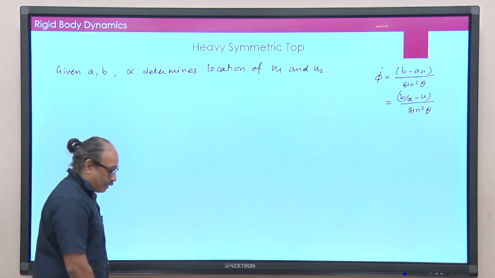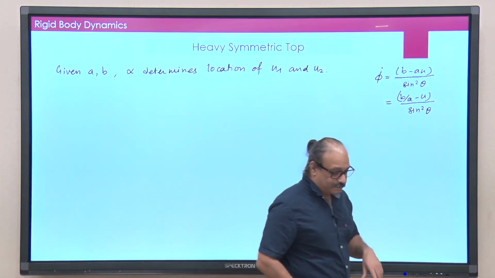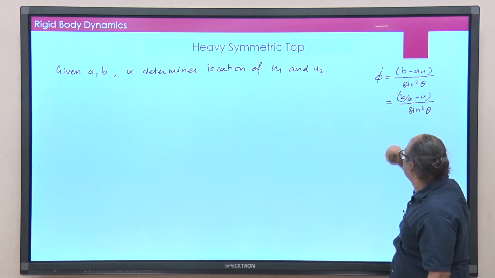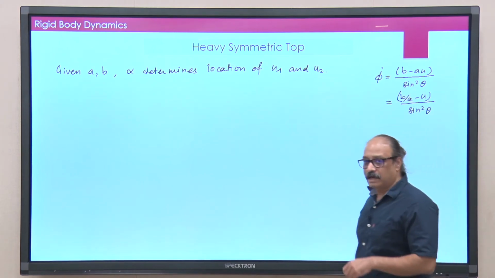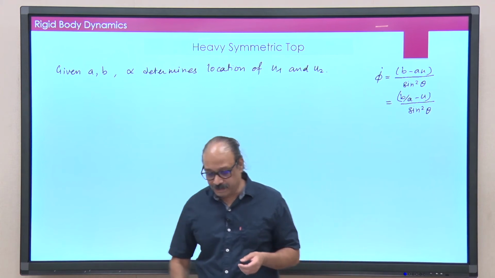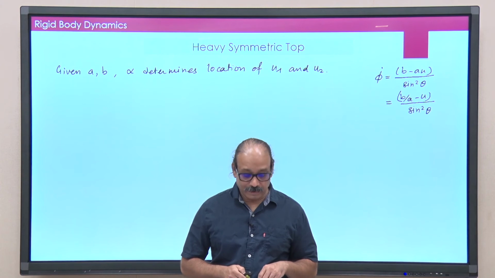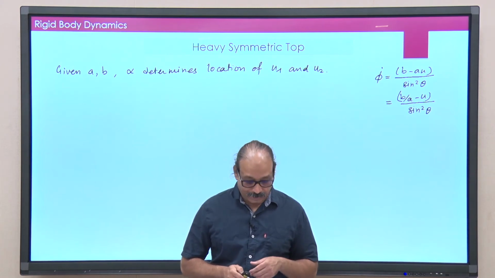Now, remember the expression for phi dot. Phi dot is basically b minus a u divided by sin square theta. Okay. And now, look at one by one.